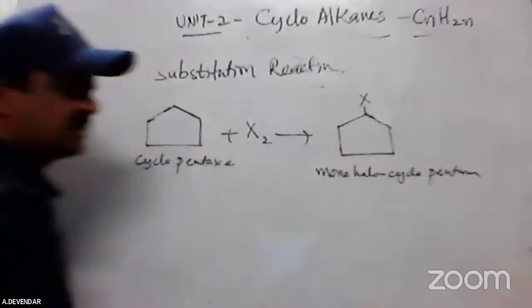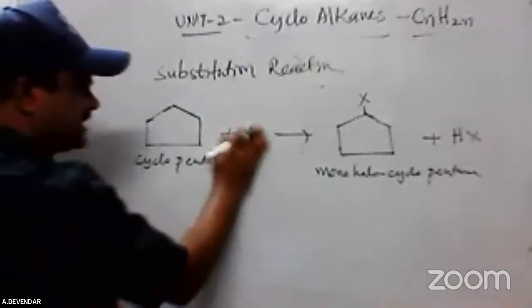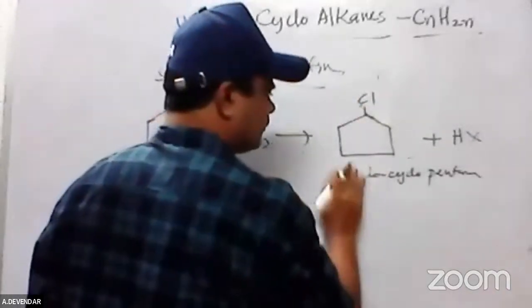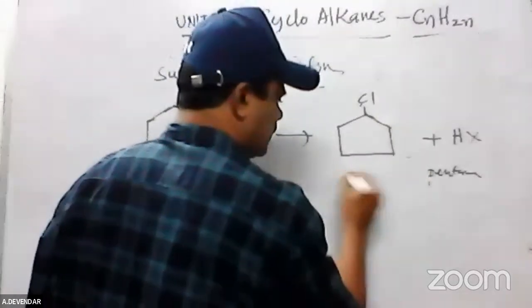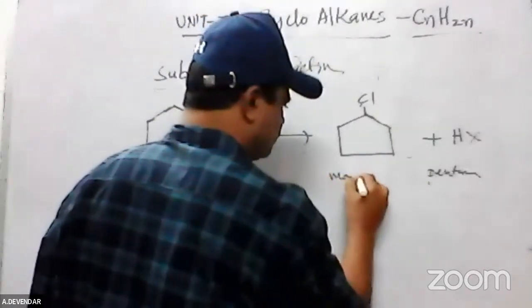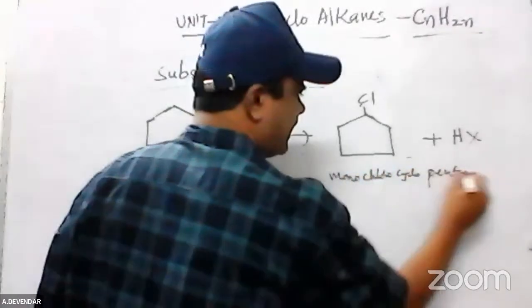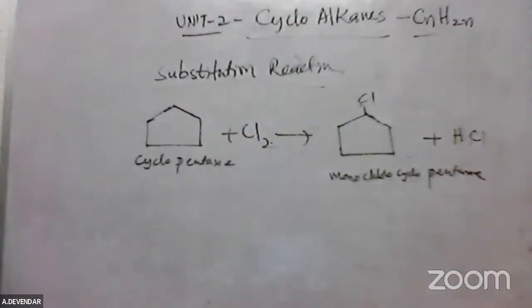Mono means one halogen. Instead of that one, the remaining HX, hydrogen halide, is released. Suppose I am taking this as a chlorine. We are getting chloro, so monochlorocyclopentane, and HCl is remaining. This is called as a substitution reaction.